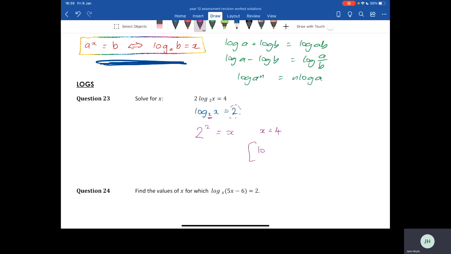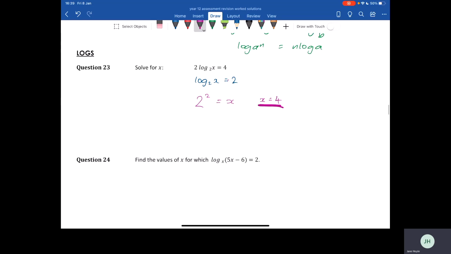Log to the base 2 of 4 is equal to 2. Of course it is, because 2 squared is equal to 4. Yeah, that all ties up. And of course, you could just also type that into your calculator, and that does get you the same answer. Okay, so hopefully that one not too tricky.